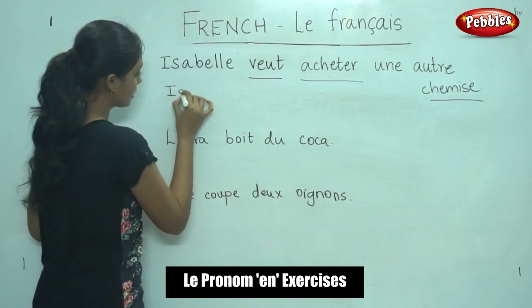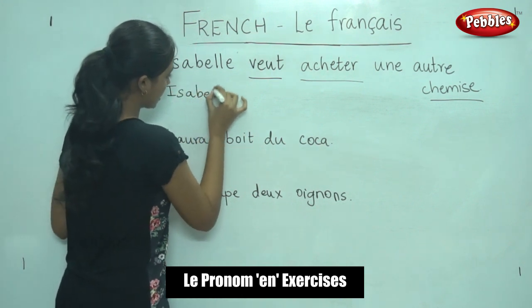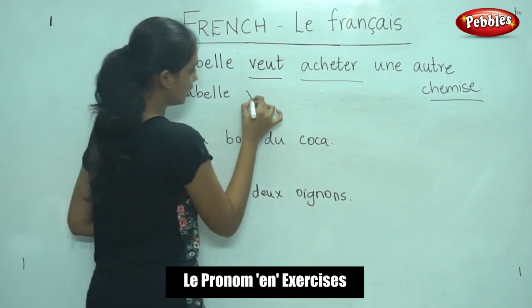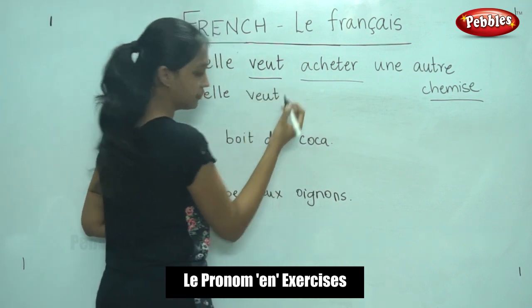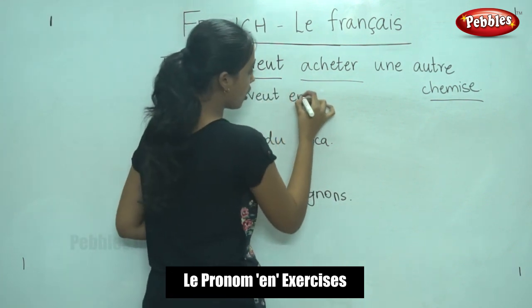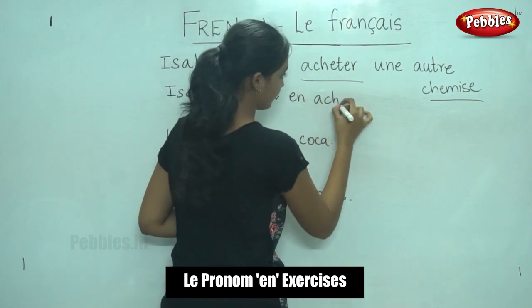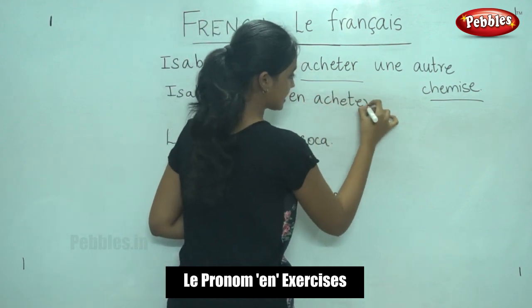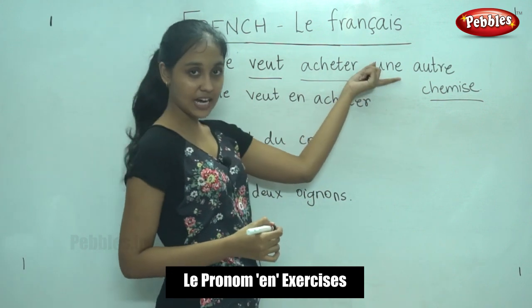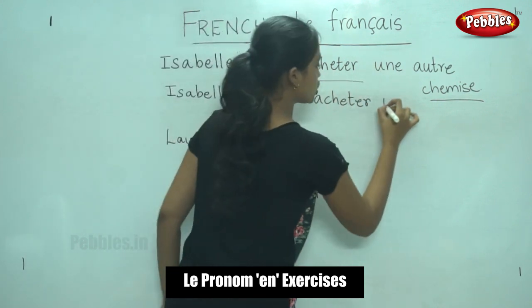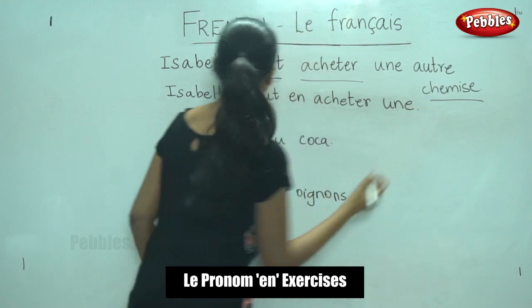So Isabelle veut en acheter, and since it is an indefinite article, you have une here, so we write une.